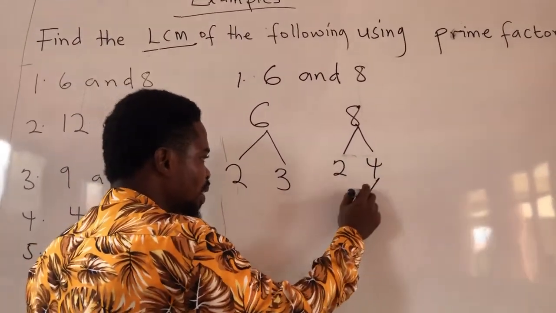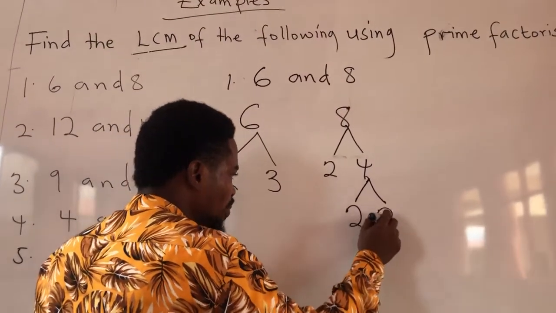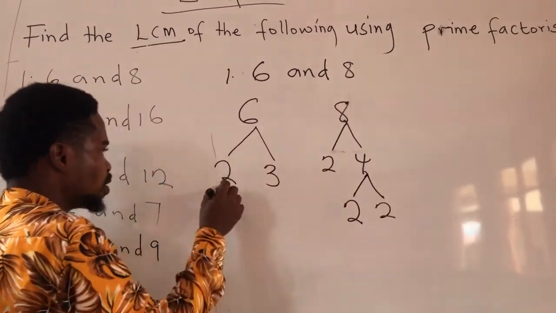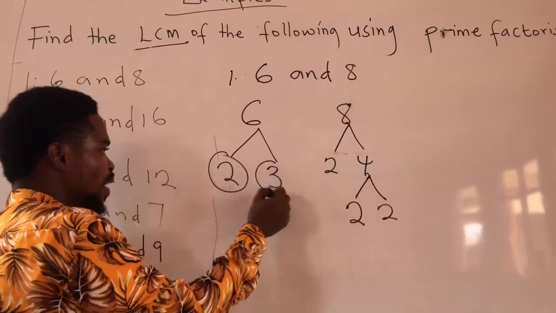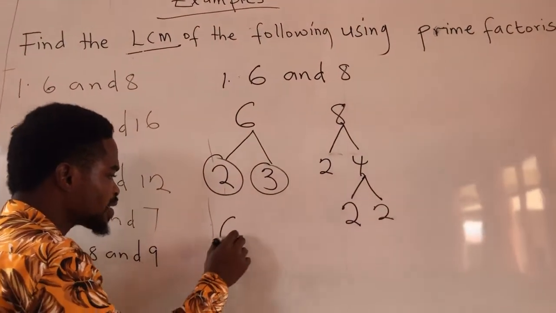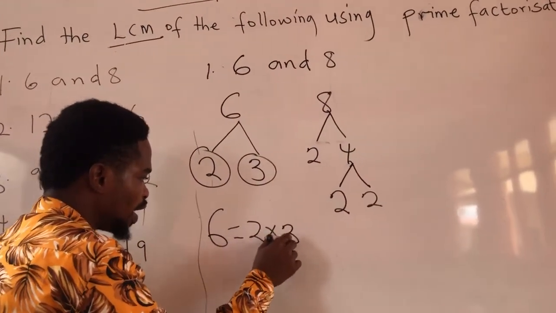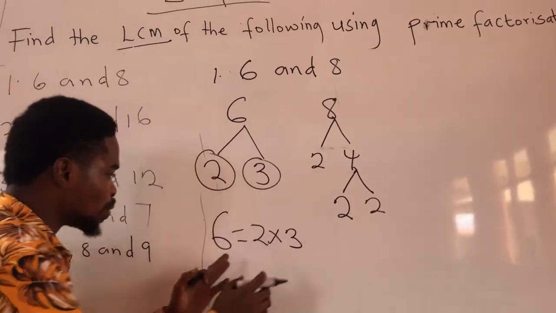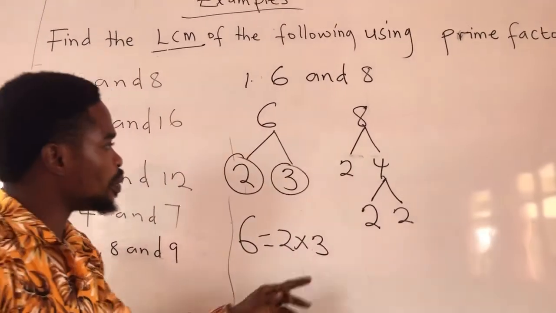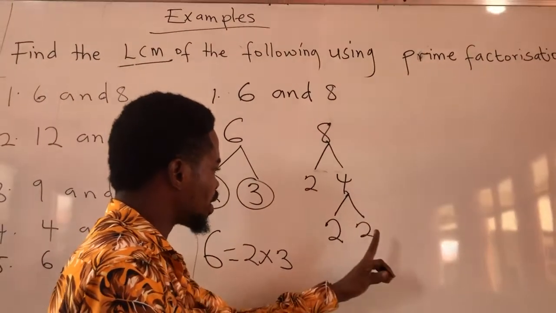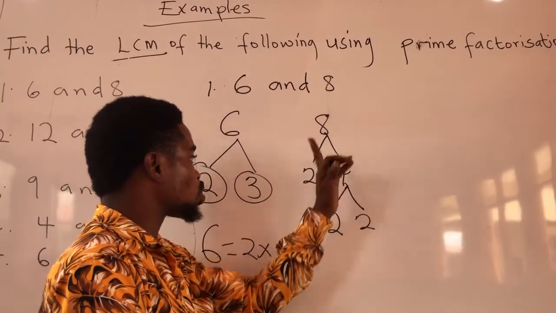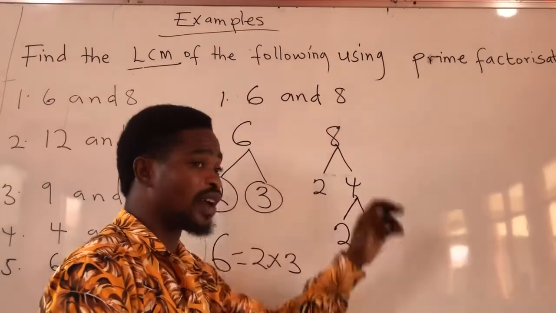It doesn't end here. We break the 4 down, which is 2 times 2 will give us 4. So here we are looking at 2 and 3. So 6 equals 2 times 3. When we multiply 3 by 2, we get 6. And 2 times 2 times 2 here will give us 8.